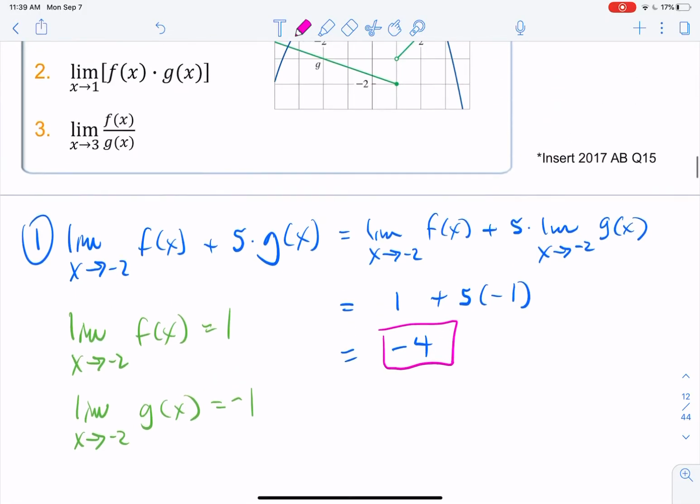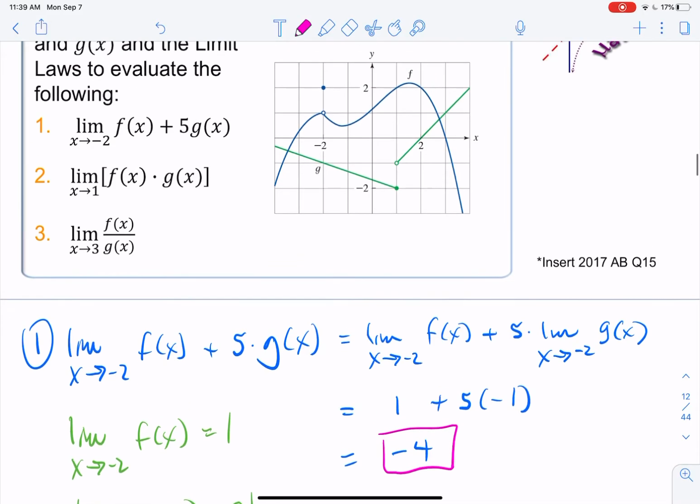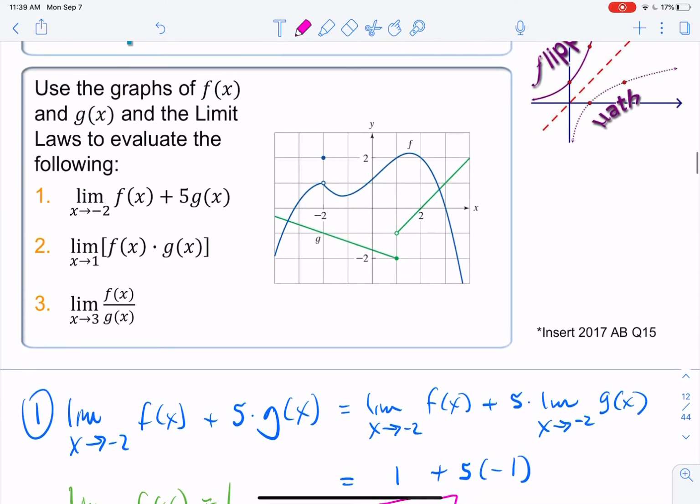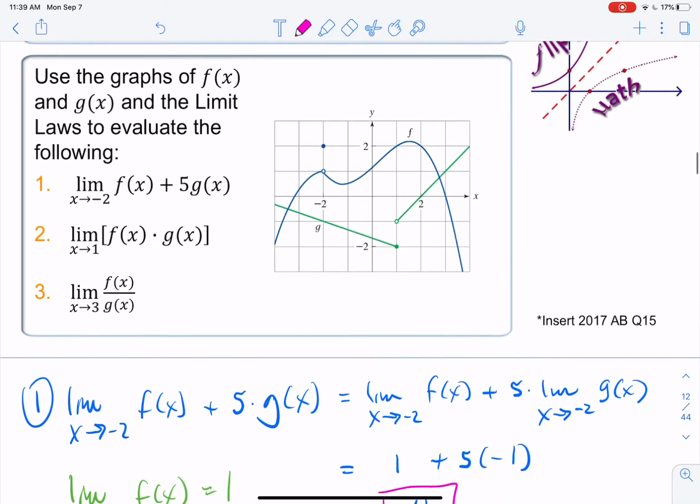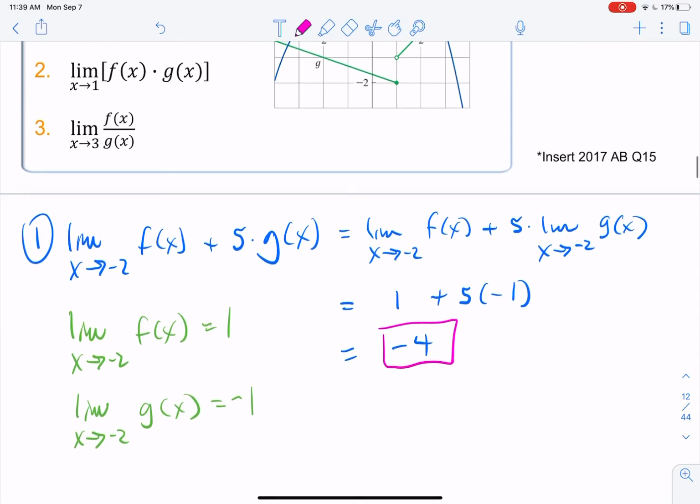Now, as far as this notation goes, understand that a question like this could appear on the AP Calculus exam on either the AB or the BC test, in the multiple choice section, or in the free response section. If it's multiple choice, nobody is aware of your notation at all. They don't see any of your work.